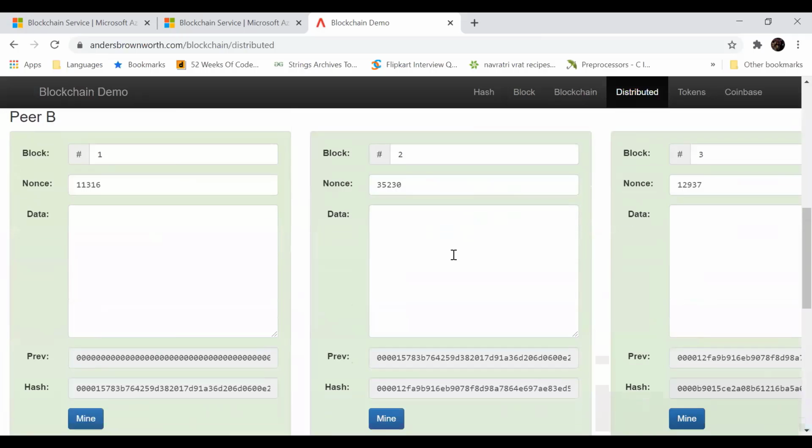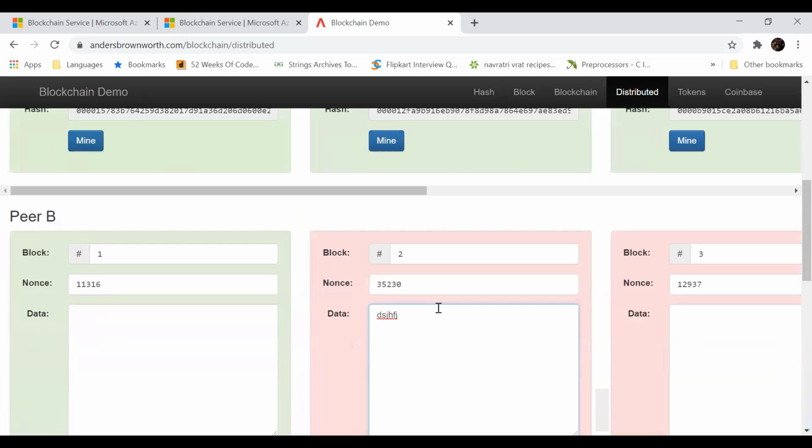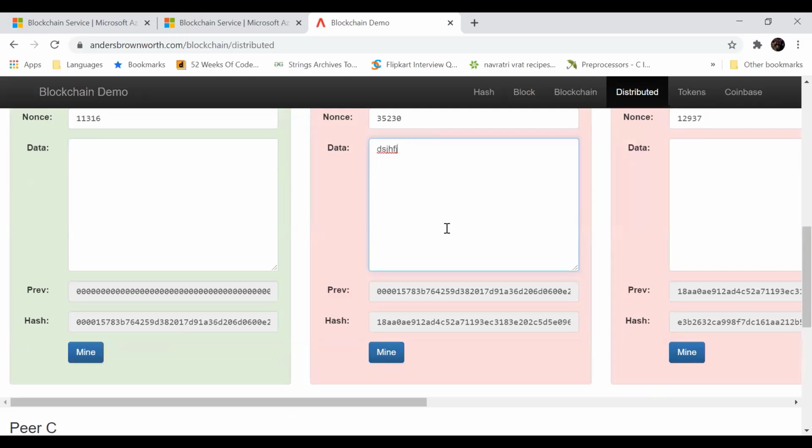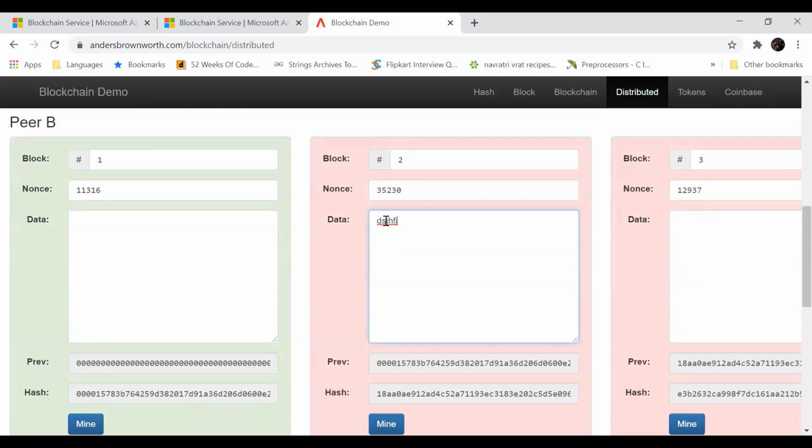And when any change is made in one local copy, all of the others need to know whether this particular change is valid or not. If it is not valid, then this change cannot be accepted by the ecosystem. This is what makes blockchain tamper-proof and immutable in nature.